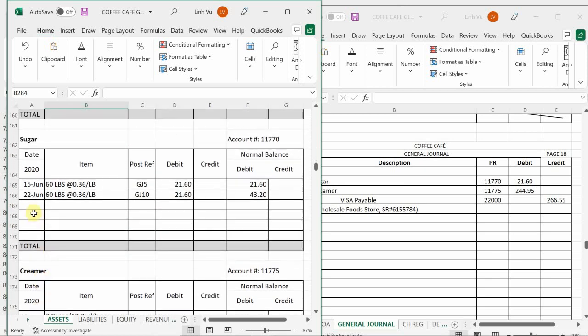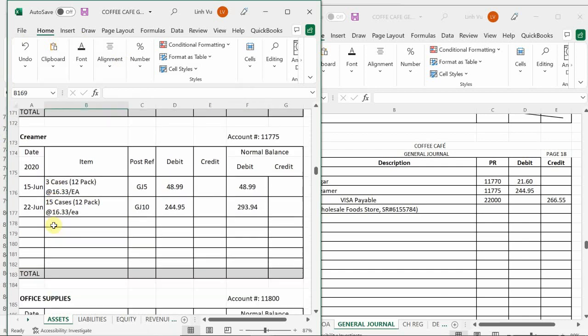Here we go, sugar. We purchased the same 60 pounds of sugar, for 36 cents each, which charged us $21.60. So we should have a grand total of $64.80 worth of sugar, okay?